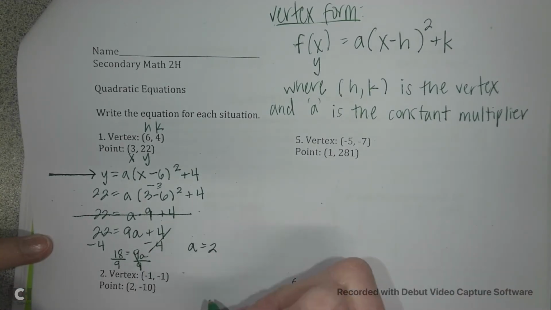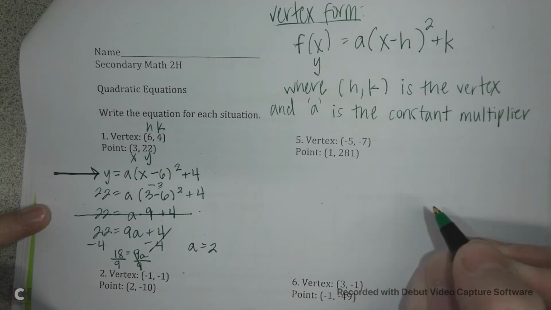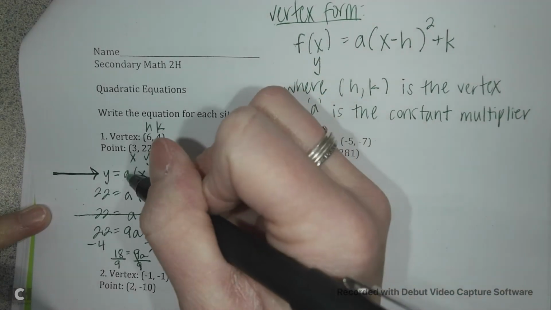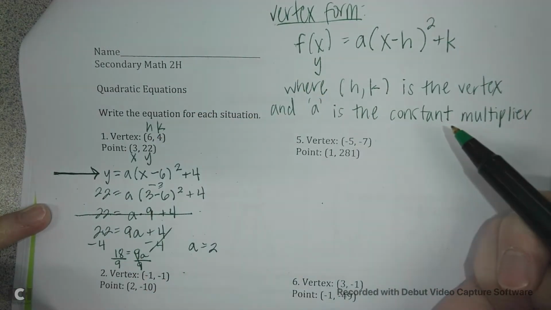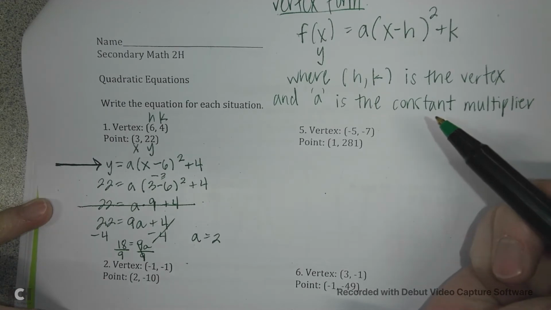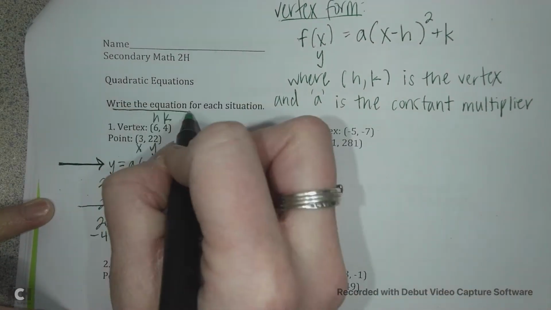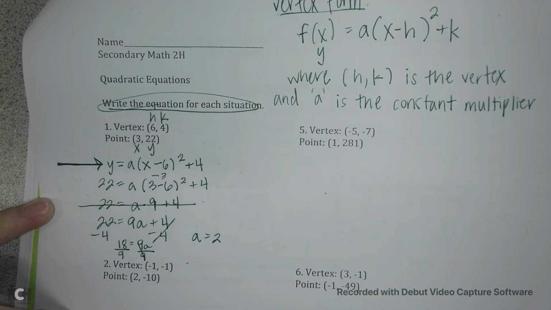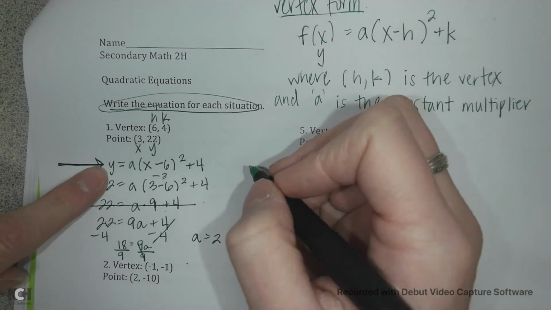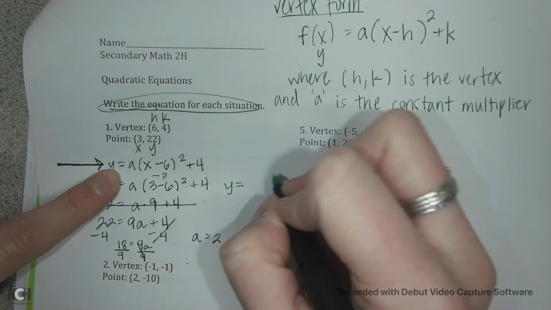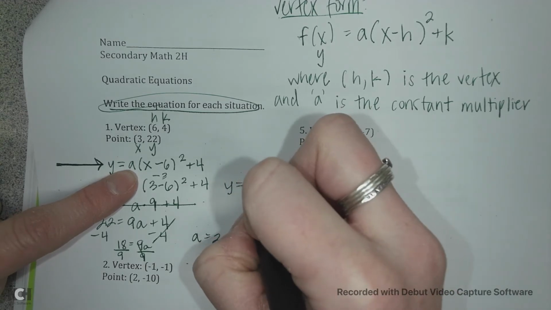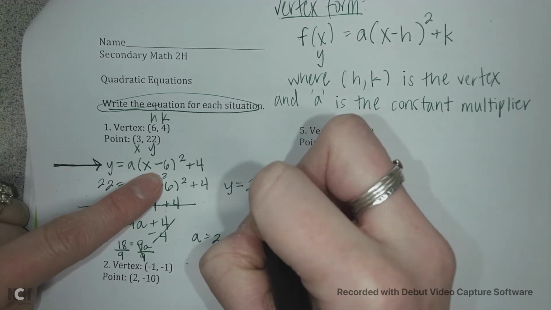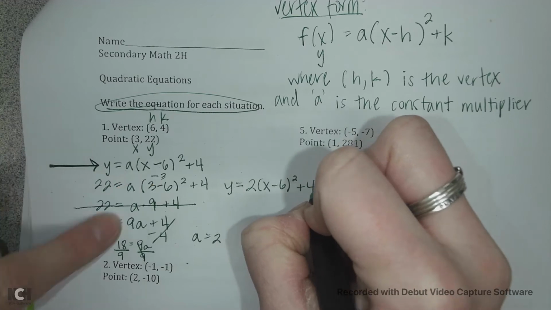Okay, so now we're at the end. So we're going to talk about this again. See how I left my a, my y, and my x? Well, now it's really easy to write my answer. So I'm going to keep my y here. And then I'm replacing my a with my a value, and then we're keeping the rest of the stuff. x minus 6 squared plus 4.